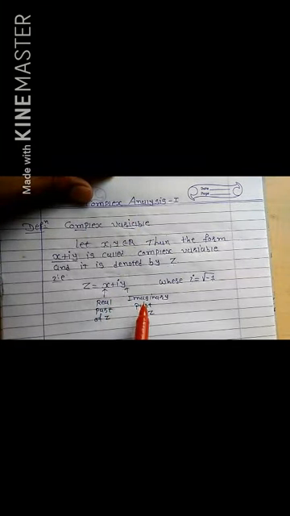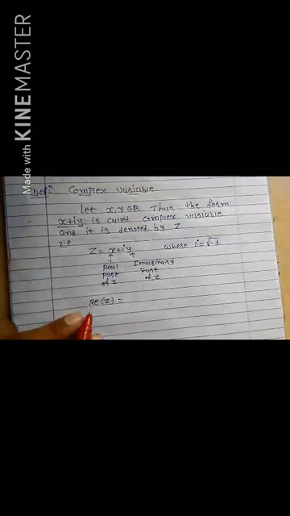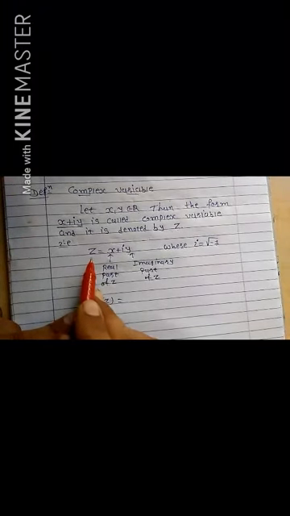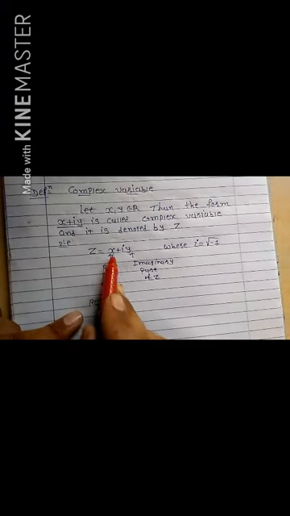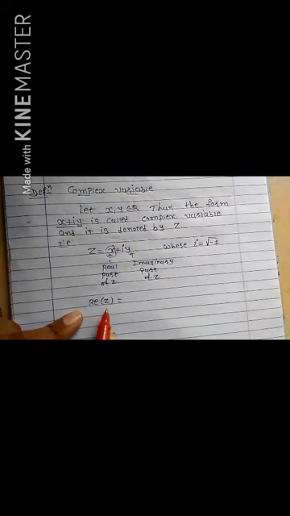Only y is called the imaginary part of z. x is the real part of z. We will write real of z. What is the real part of z? We have z equal to x plus iy. This x is the real part of z. Therefore, real of z is x.